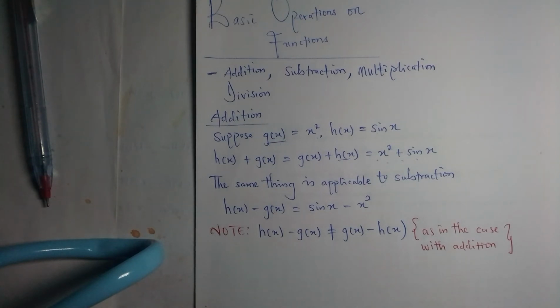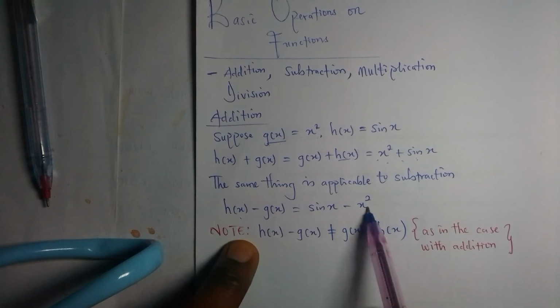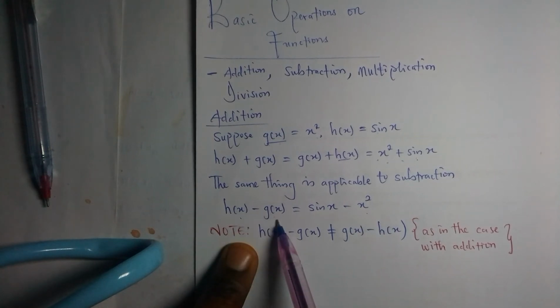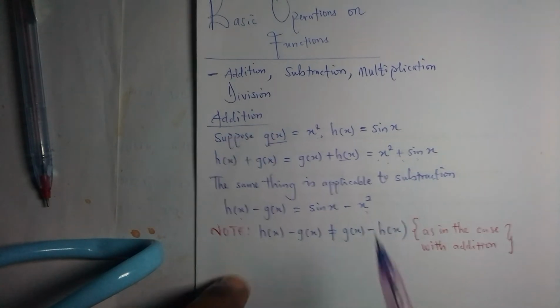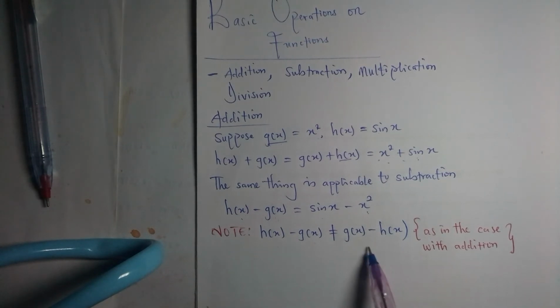Then the same thing is applicable to subtraction, except a particular case which I'm still going to quickly explain. Now we have here h of x minus g of x is equal to sine x minus x squared. Why? Because h of x is sine x and g of x is x squared, so h of x minus g of x therefore is sine x minus x squared. But we have to take note that h of x minus g of x is not the same thing as g of x minus h of x.